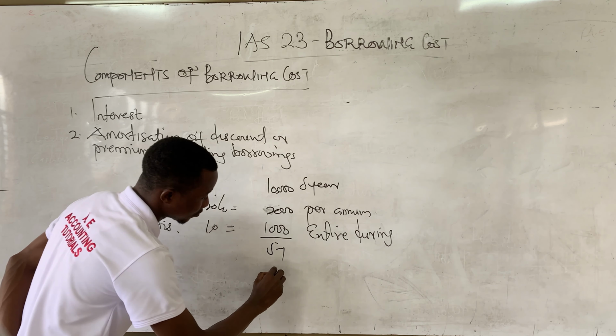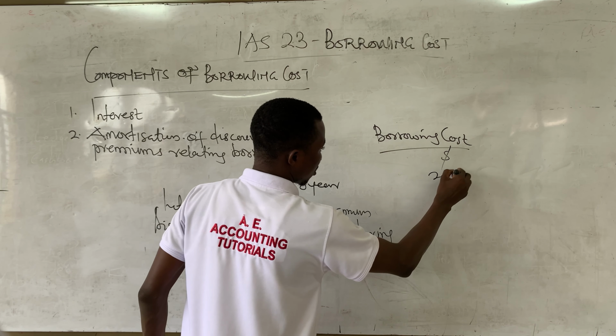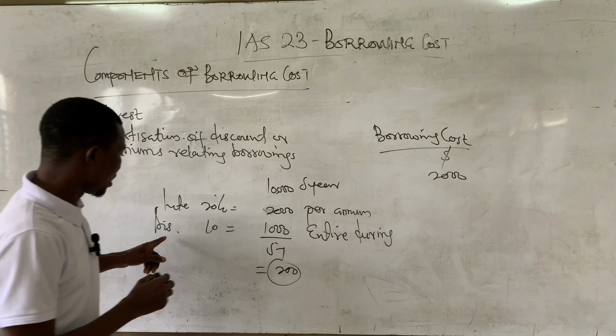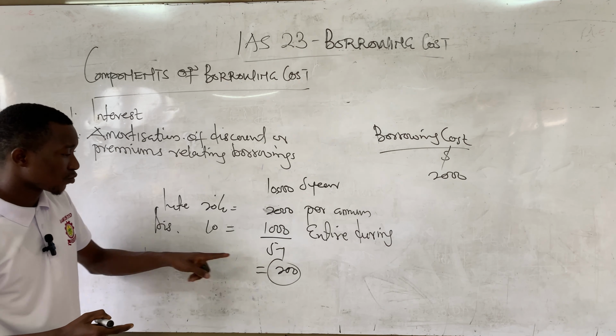Discount reduces the finance charge. So to calculate borrowing cost, we have interest, which is one of them. Interest is 2,000. And then the amortization of discount in relation to this borrowing cost for 1 year is 200. So we subtract and pay 1,800 as borrowing cost.